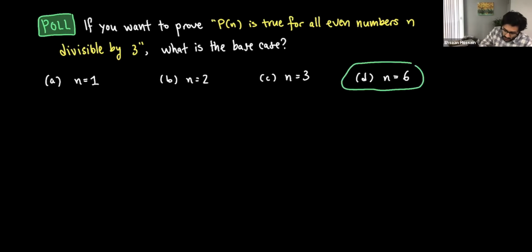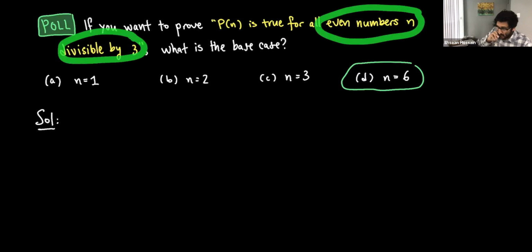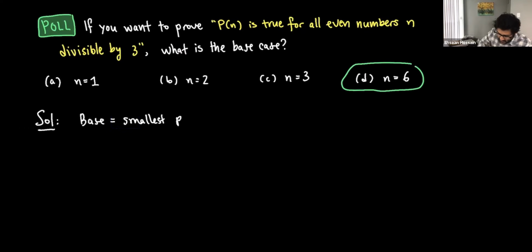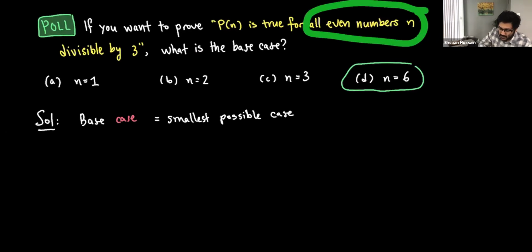Let's see why. How do you get the base case for an induction proof? Usually it's just n equals 1, but if I change things to all even numbers divisible by 3, the base case is the smallest possible case, the very first number. In this case, I need the smallest even number that's divisible by 3.